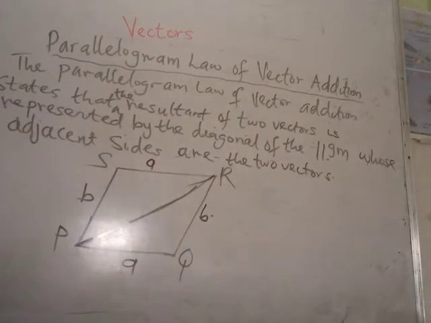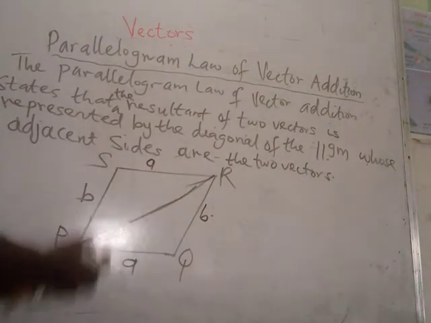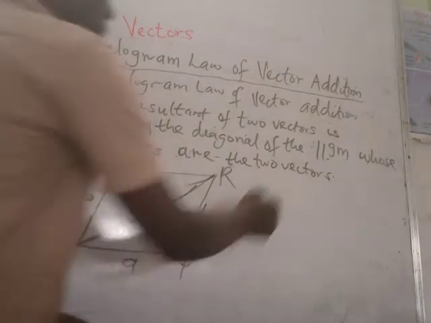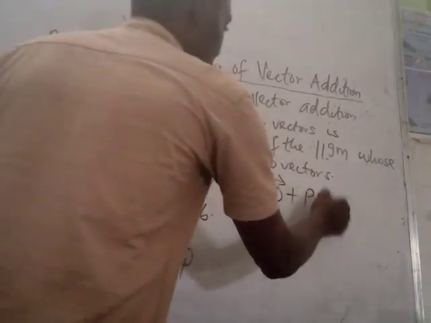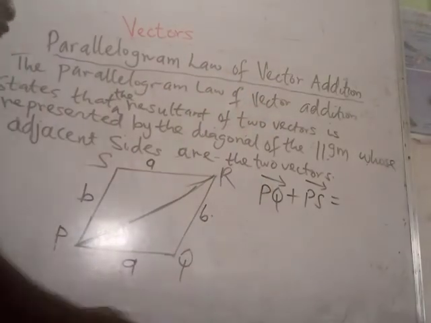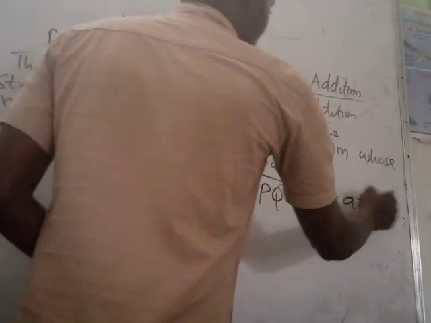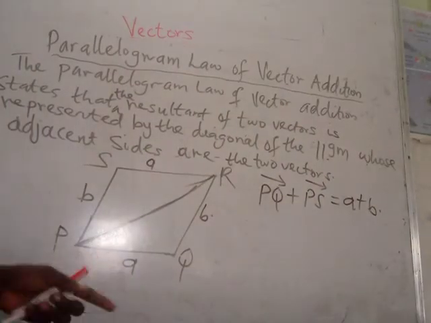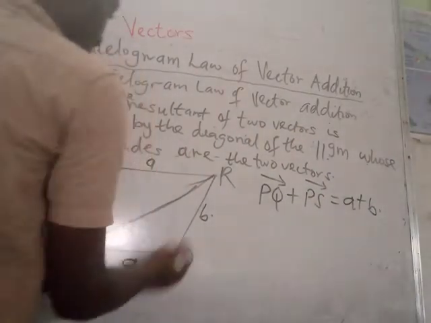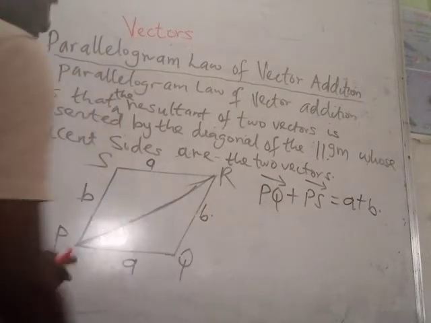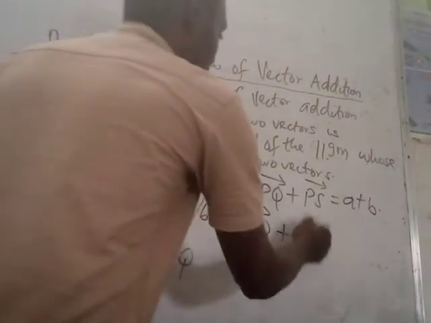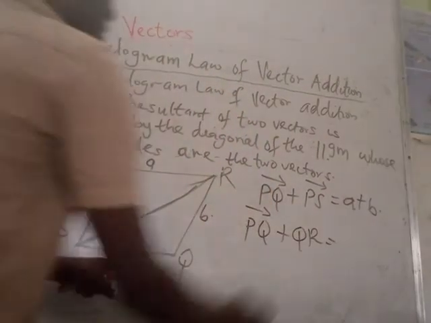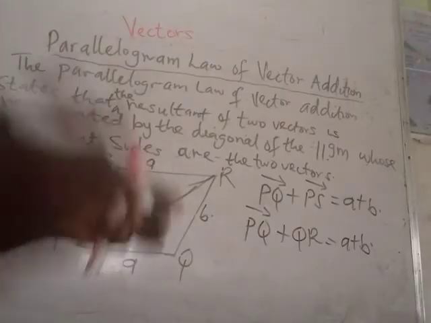So by the definition of the parallelogram law of vectors, PQ plus PS is equal to A plus B. And also, taking these two sides as adjacent sides, PQ plus QR is equal to A plus B. This is the parallelogram law of vectors.